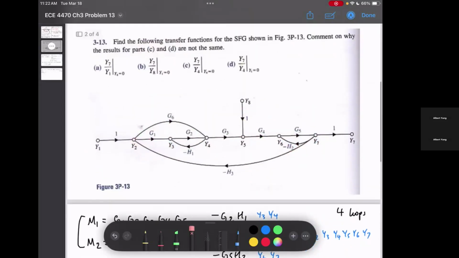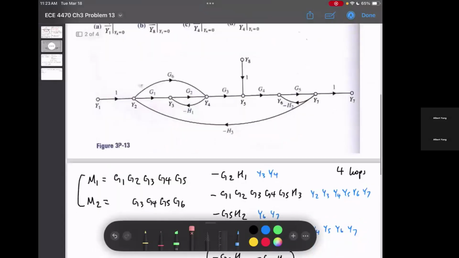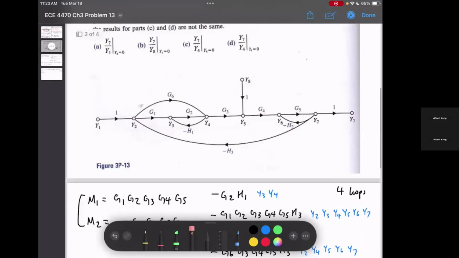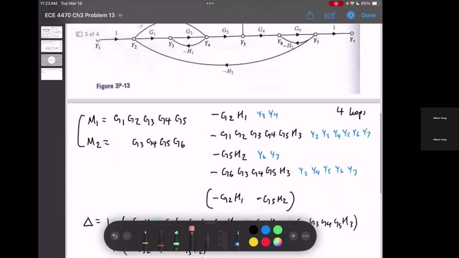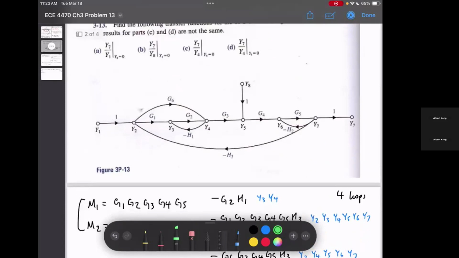Let's find the forward paths for y1 to y7. We basically did that when we found the overall determinant, right? So that would be G3, G4, G5, G6, as well as G1, G2, G3, G4, G5, because it's just going all the way through.